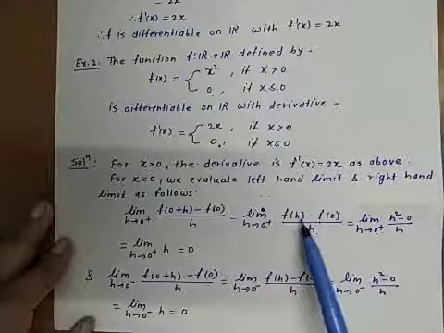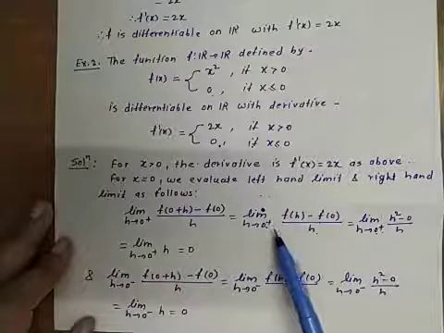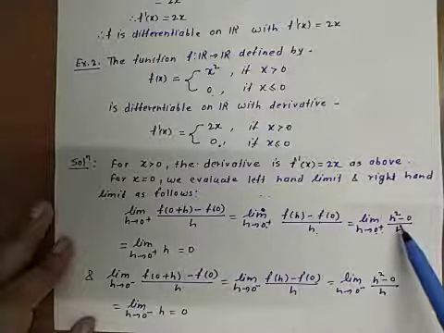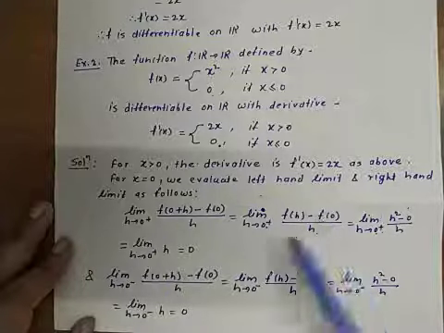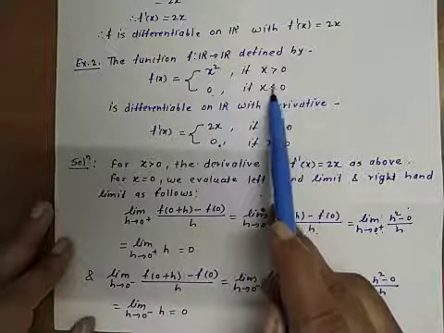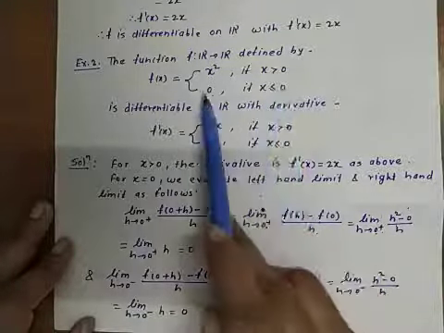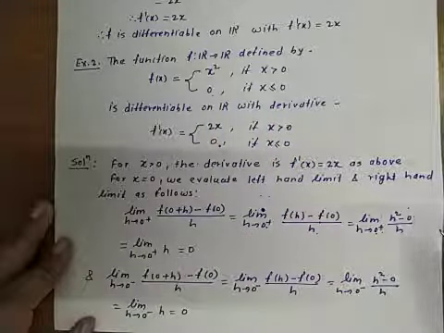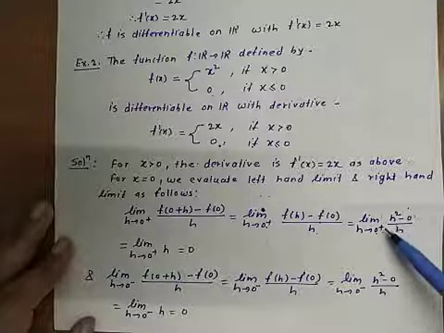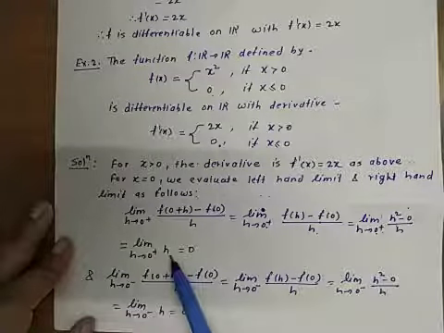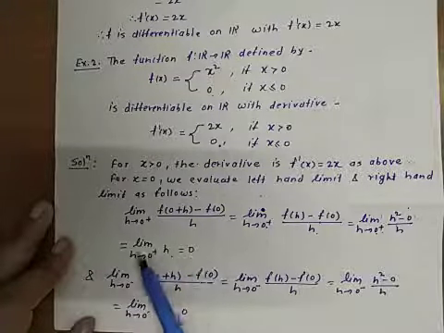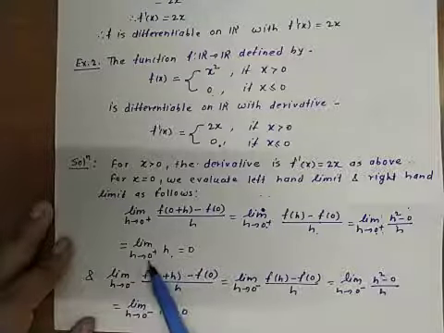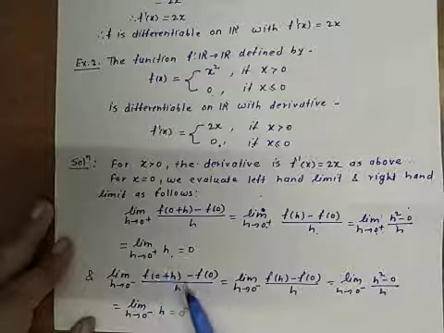Here h is definitely positive as it tends to 0 plus. So f of h will be h square, minus f of 0. For x equal to 0, the value of f of 0 is 0. So minus 0 upon h, and h will get cancelled, limit h tends to 0 plus of h. After applying the limit as h tends to 0, it will be 0.